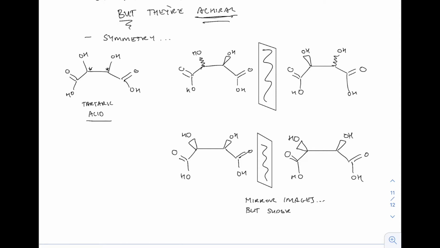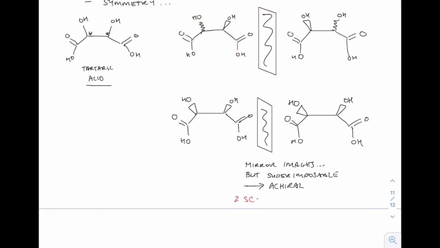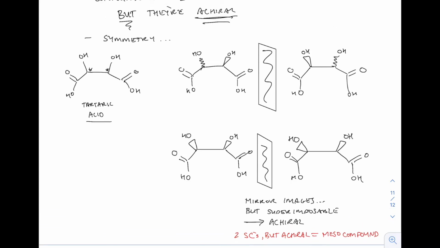We can say they are superimposable, so they are technically achiral. They have 2 stereogenic centers but are achiral, and that by definition means this particular stereoisomer of tartaric acid is a meso compound, and you can see the plane of symmetry right down the middle.